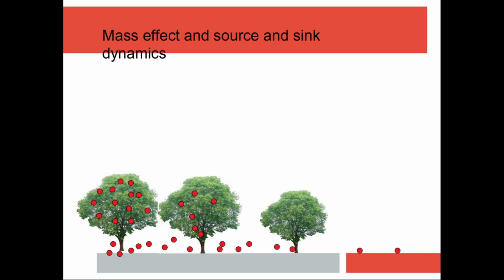So this phenomenon might help the species to spread their distribution. However, sites that do not present the suitable features to allow the full development of the species are called sink sites or sink areas, like this one, for example.